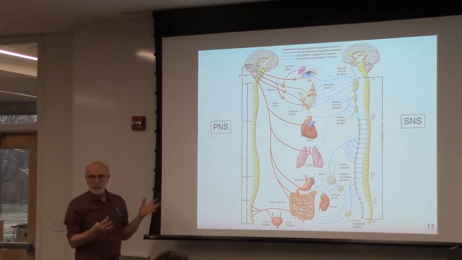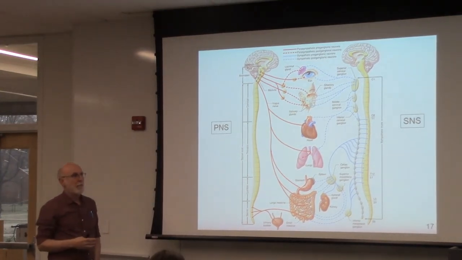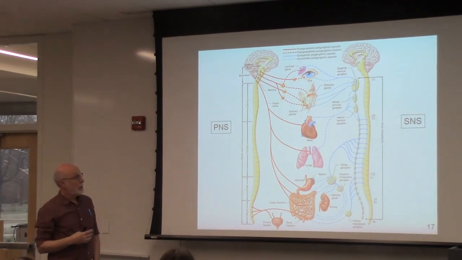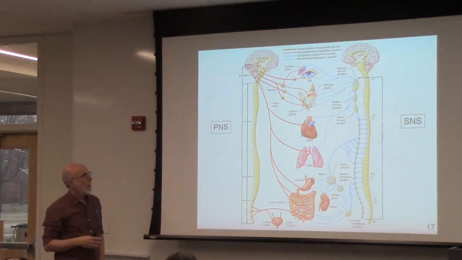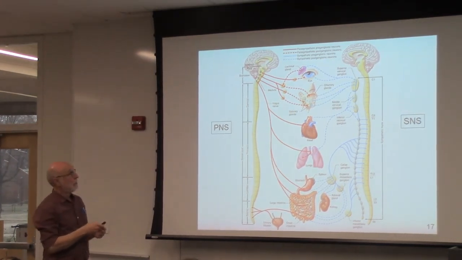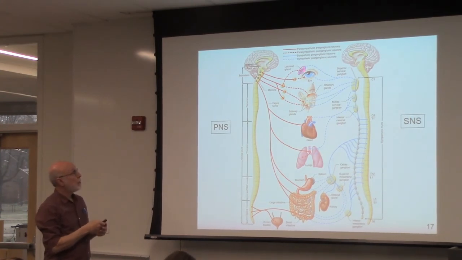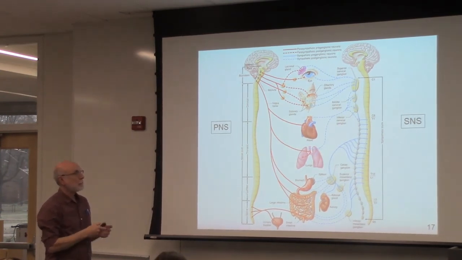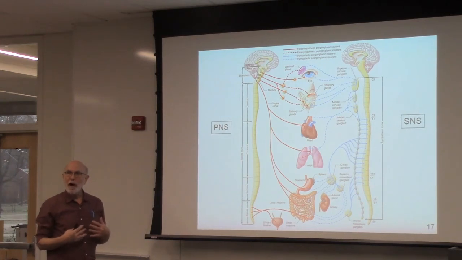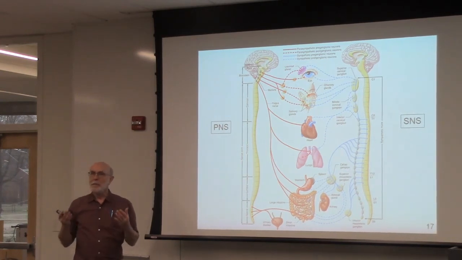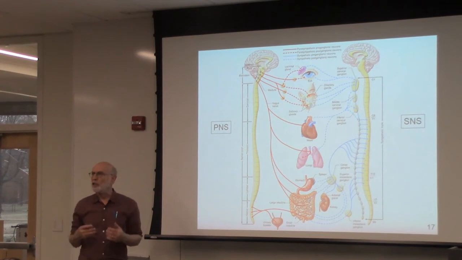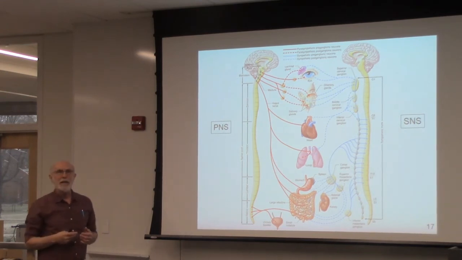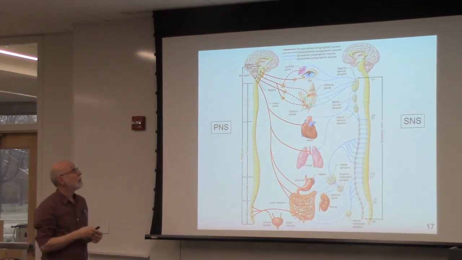This cartoon is way too complicated to get much information from. The main point is both of these nervous systems control parts of our body that are not under our conscious control, but our brain and our spinal cord still control them.